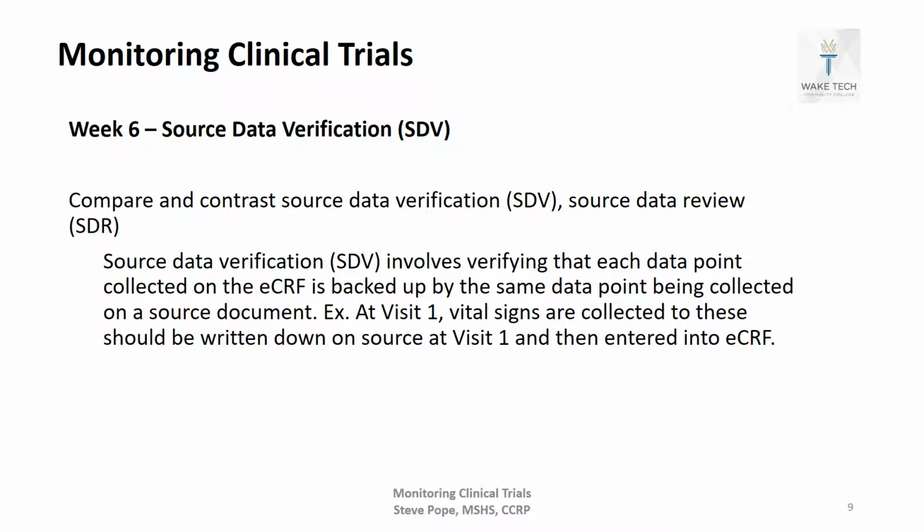So this is what we mean by source data verification. Does the source match what's in the EDC system? And if there is a mismatch or a conflict, then we need to query the site for that and get them to make a correction.